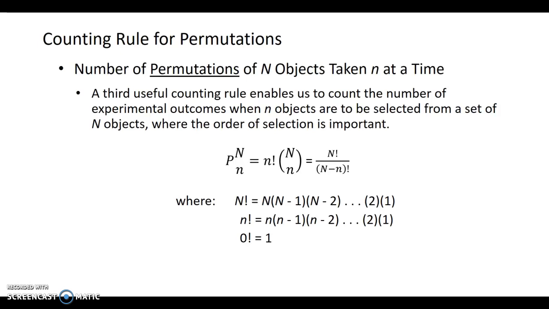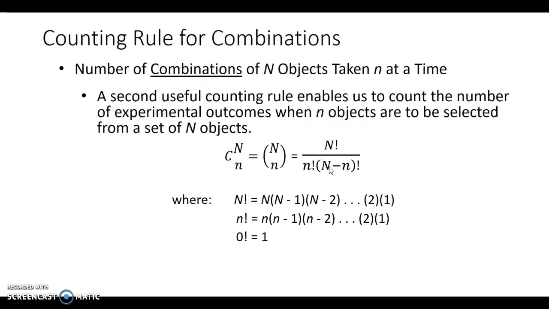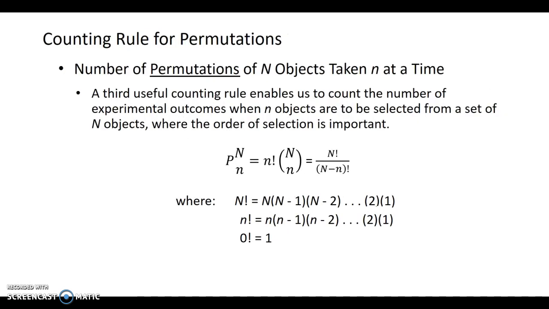Those would be 2 different permutations, even though they would be counted as the same combination. So we're going to have more permutations than we have combinations of picking those shirts out of a pile.